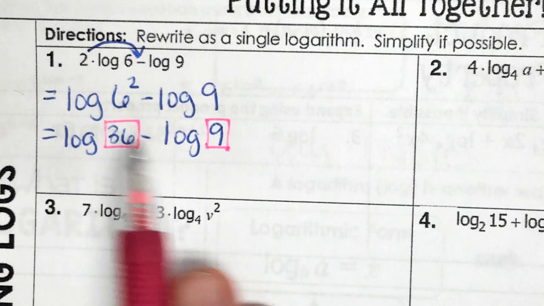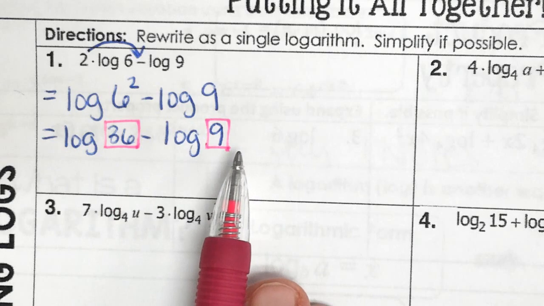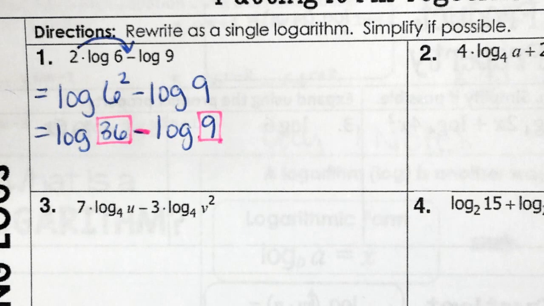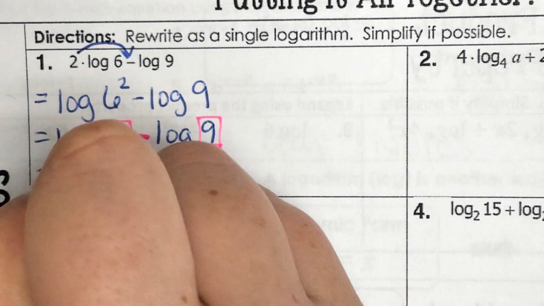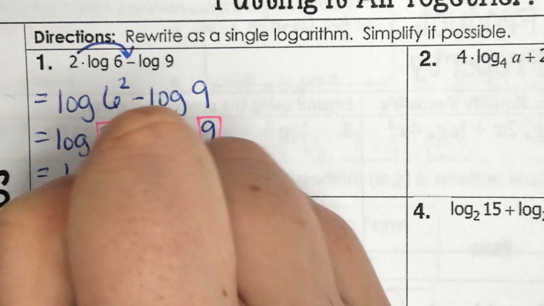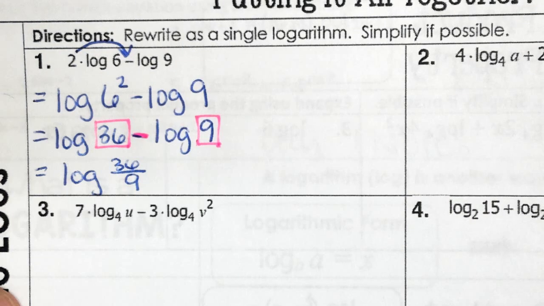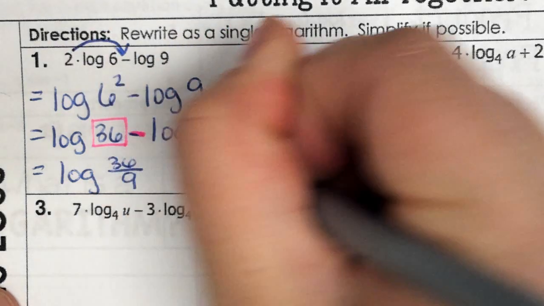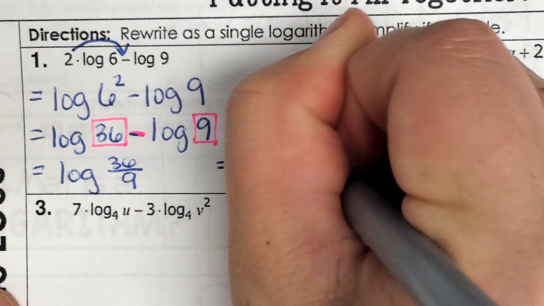So once again, because we have 2 logs, we have 2 arguments, and there is a minus in between. If there is a minus, that means we're going to divide. So now this is going to become log of 36 over 9. And we can simplify 36 divided by 9 as 4. So this is equal to log of 4.